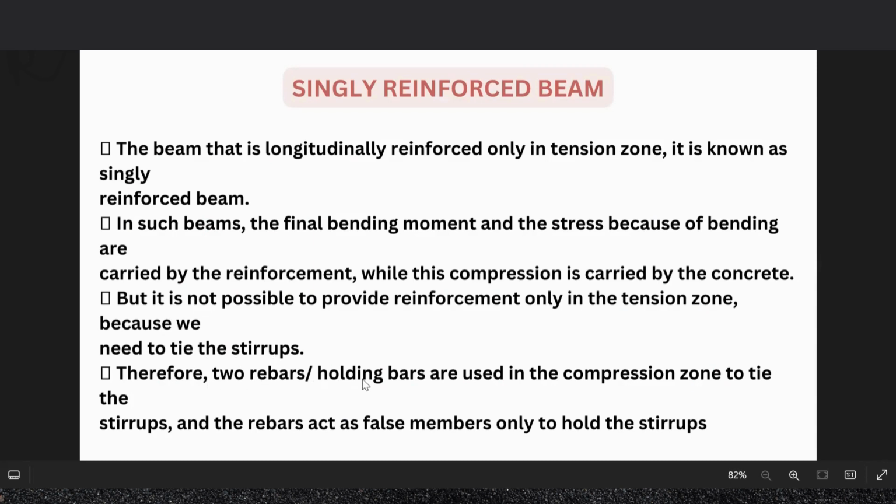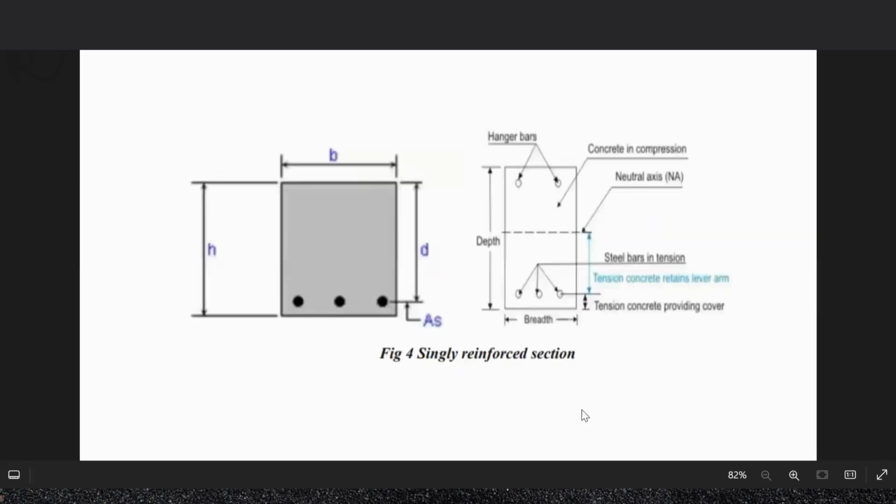Therefore two rebars, or holding bars, are used in the compression zone to tie the stirrups. This is the diagram. You need to draw this diagram while appearing for the exam. It will be helpful for you. Simply, you can draw it in this manner.